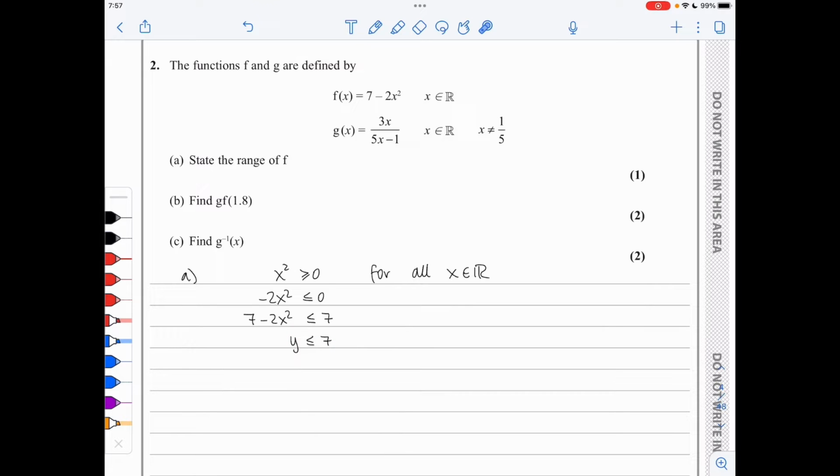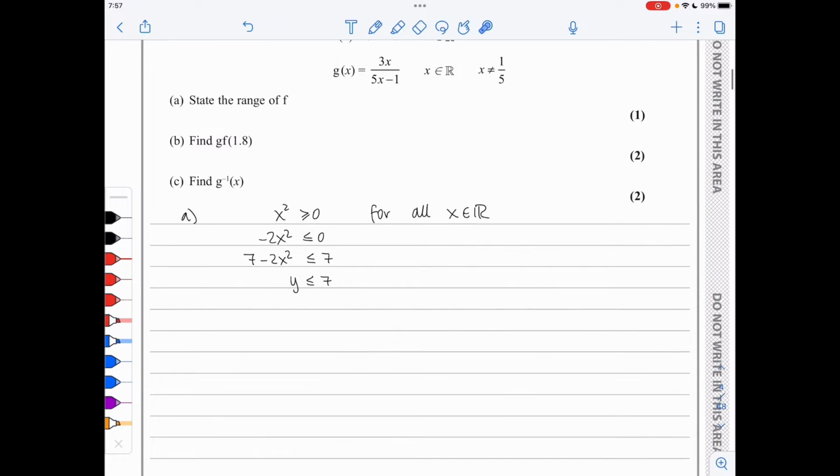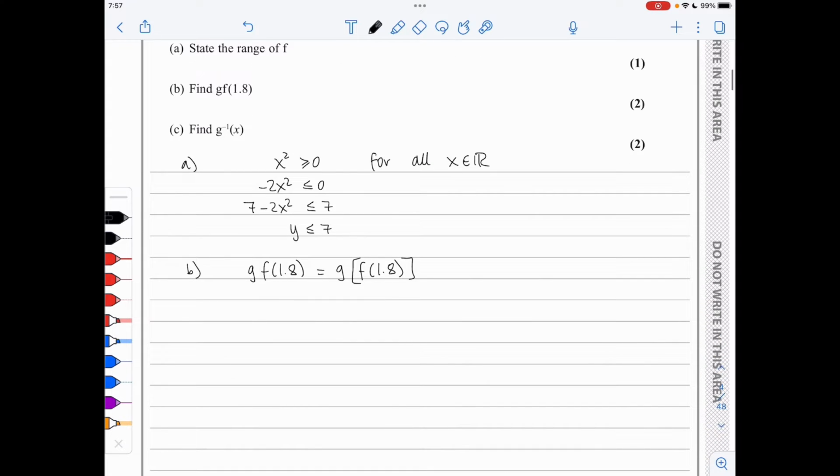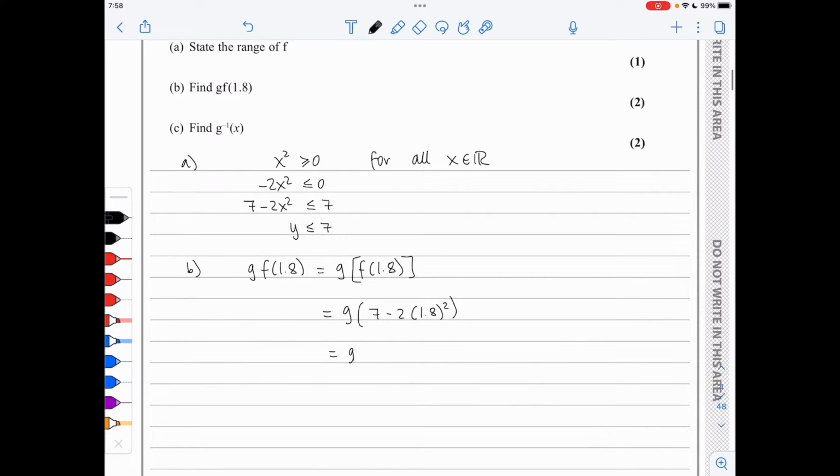In B, we need to find g of f of 1.8. It's a composite function here. So for g of f of 1.8, we always start from the inside, so I will evaluate f of 1.8 and then input it into g. So I'm going to say that this is g of 7 minus 2 times 1.8 squared, which is g of 0.52.